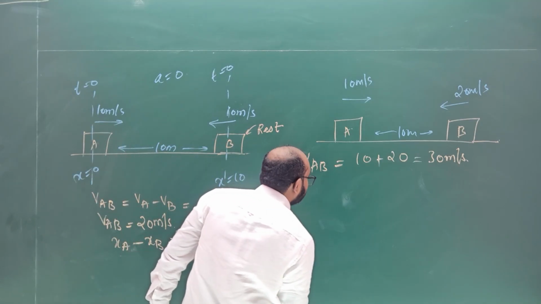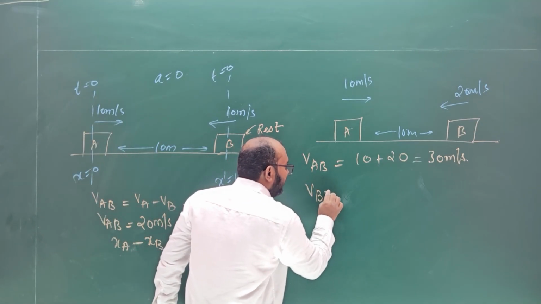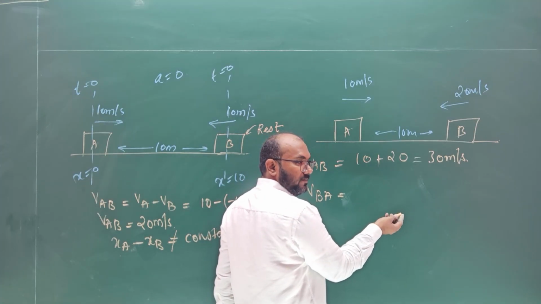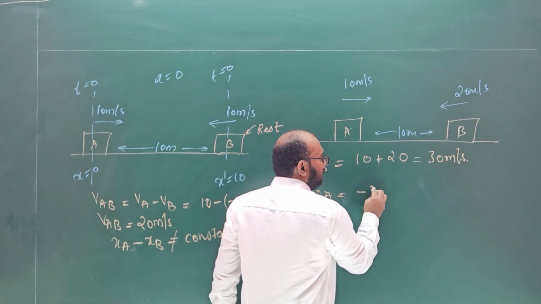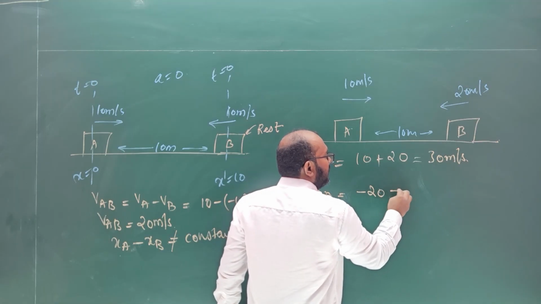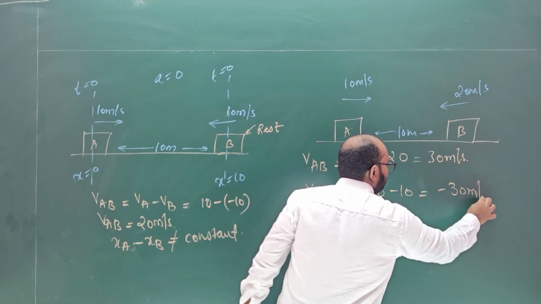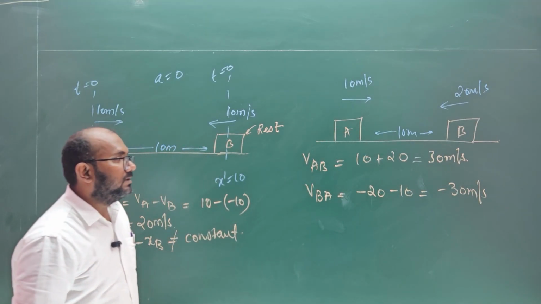One more thing. If I write V_BA, then I will be writing first V_B minus V_A. V_B is going in the negative side. 20 minus of 10. Can I write like this? Now tell me the meaning.